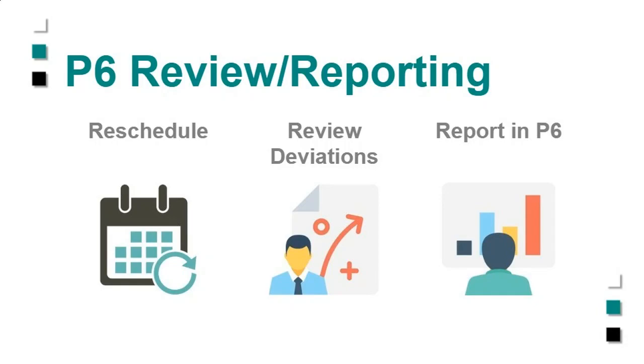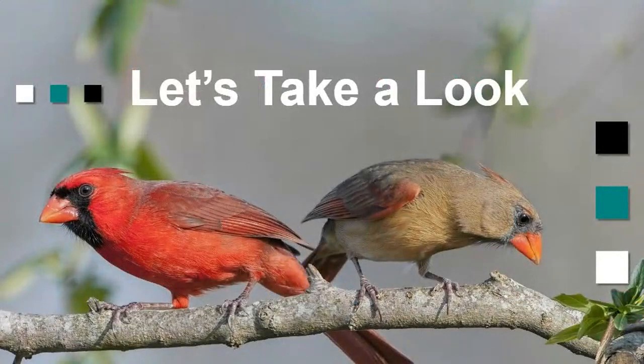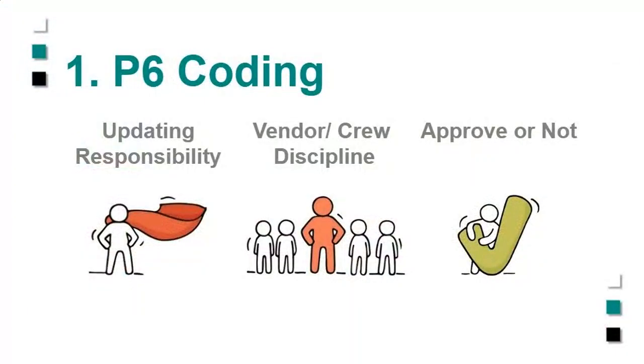Okay, so I'm going to run through CAPS. First, I'm going to start in P6. In P6, what we really are taking advantage of is what you probably already do, with responsibilities on activities, a vendor and crew, a discipline type coding, so that you've got some filtering capability as to who is going to do the updates.